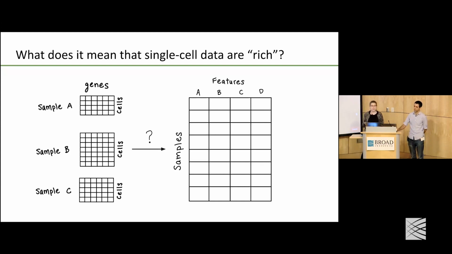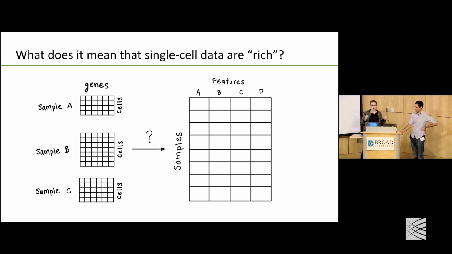The challenge that this presents is that there's no obvious way to collapse these data sets into a shared feature set across samples. We could, for example, because the feature set is actually shared across cells, meaning we're measuring across a fixed set of genes, we might be tempted to just collapse our cells axis and get something like the average expression for each gene in each sample, but that takes us right back to bulk expression data, so we don't want to do that.